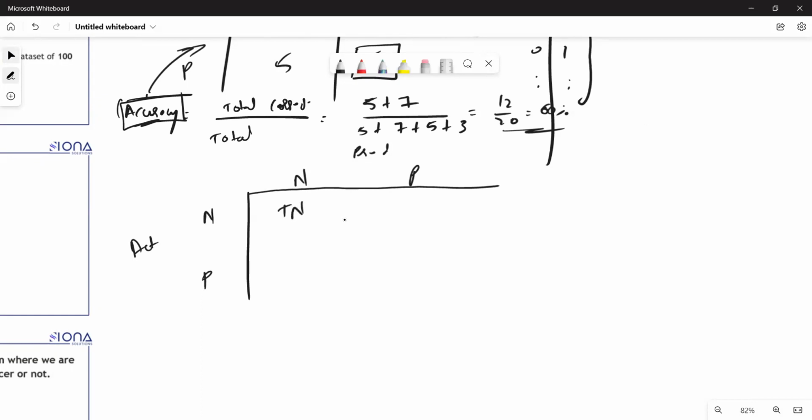Here we have the true negatives, that is, negatively predicted and it is true. Here you have your false positive, that is, positively predicted but it's false, whereas here you have the false negative, a negative prediction but it is true.